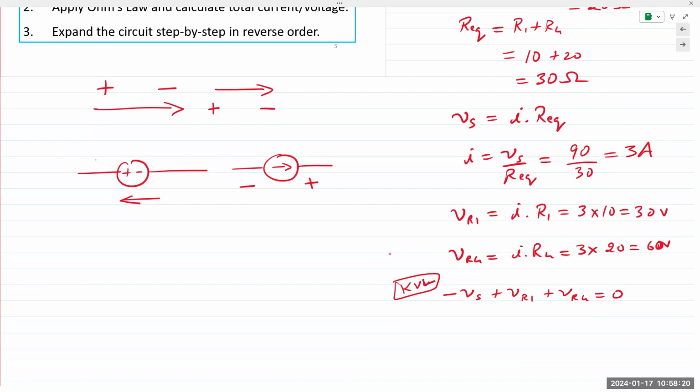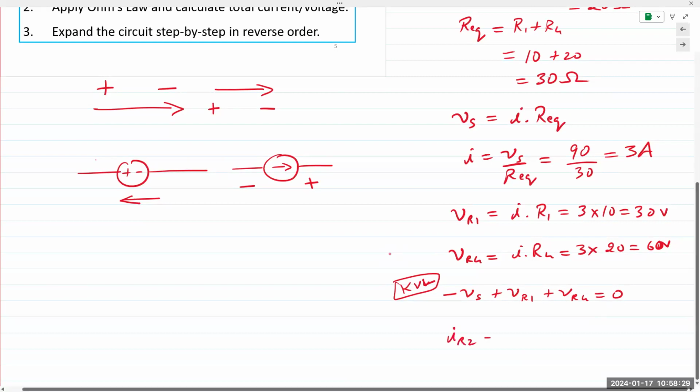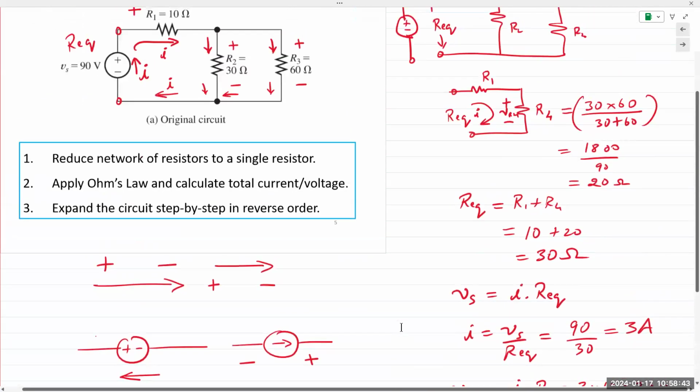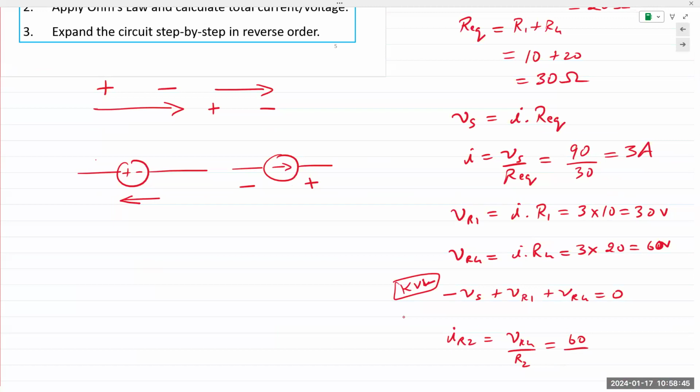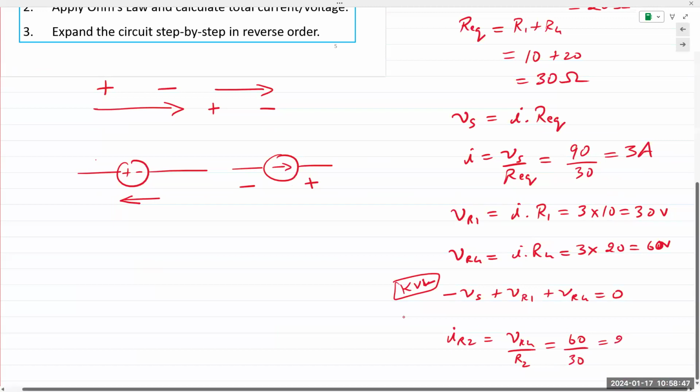Once you have the voltage across the resistances R2 and R3, you can apply Ohm's law again and find the current for both of them. So IR2 is VR4 divided by R2, which is 60 divided by 30, 2 amps.